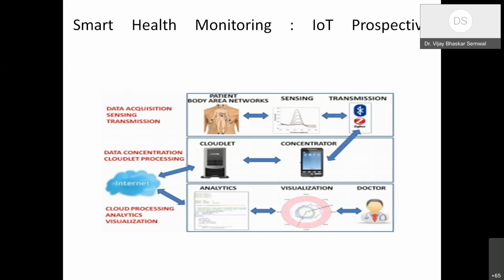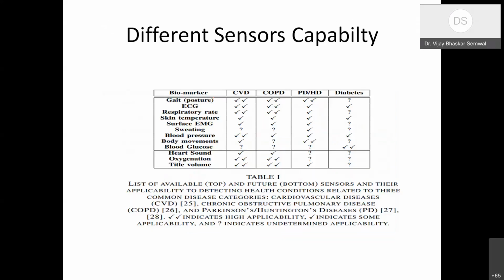Once it is sensed, it is transmitted through Bluetooth and Zigbee to the local processing computer or mobile phone, that is, the concentrators. Then ultimately the data is uploaded on the cloud, which will process the data and finally provide the analysis of what the problem is with you, and what particular suggestions and feedback it can provide, and finally in between you are consulting with the doctor.